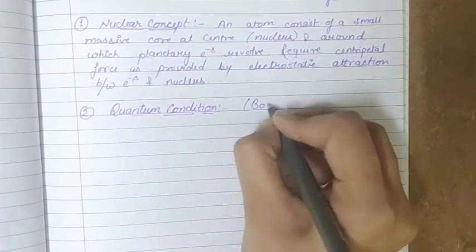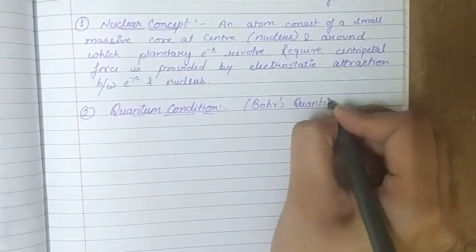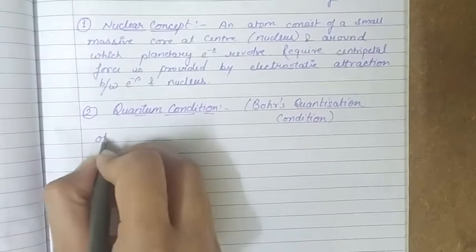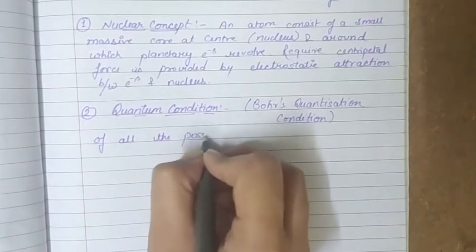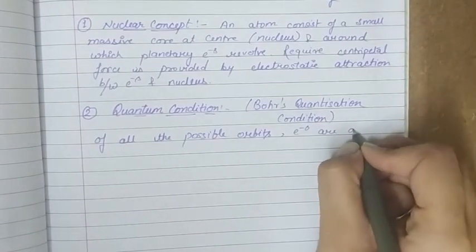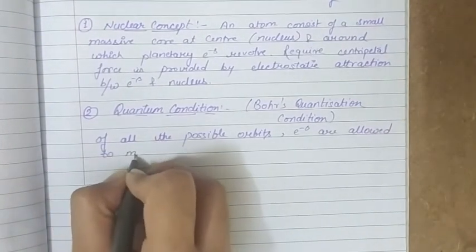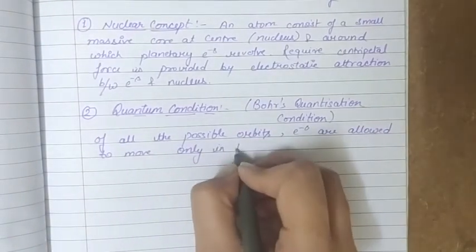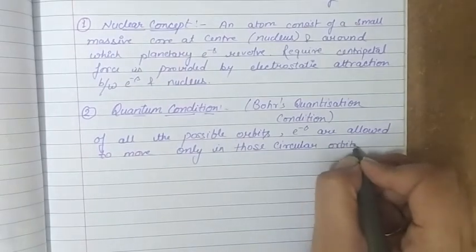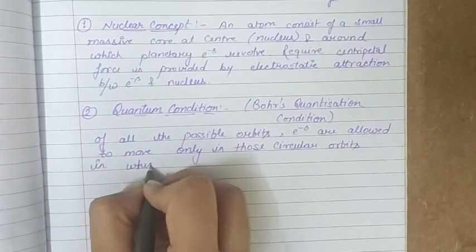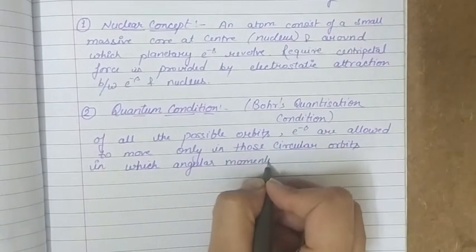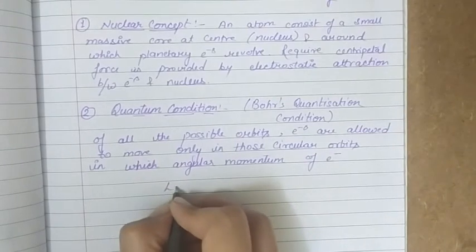According to this, of all the possible orbits, electrons are allowed to move only in those circular orbits in which the angular momentum of the electron, represented by L, is given as L equals n h upon 2 pi.